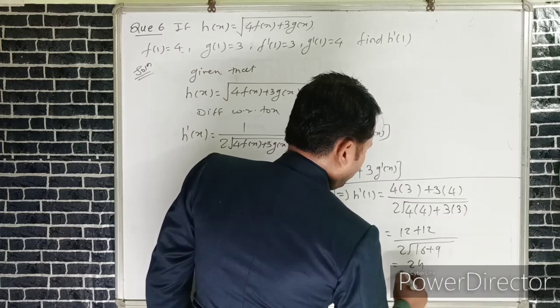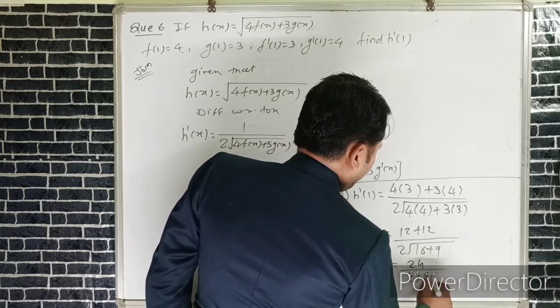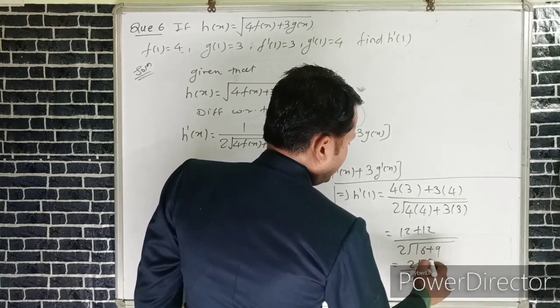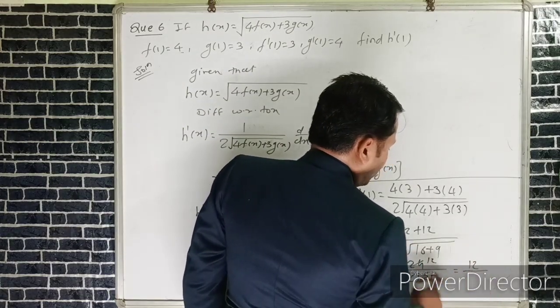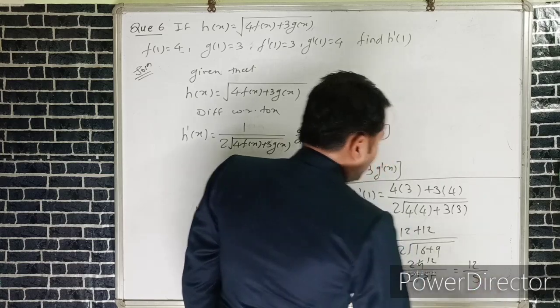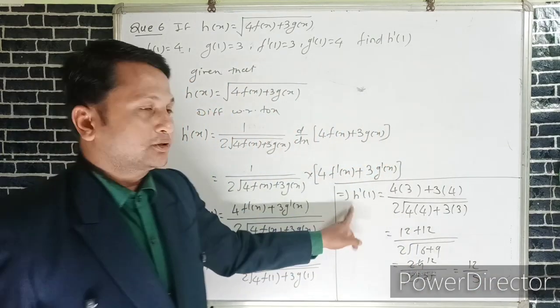That is 24 upon 2 times the square root of 25, so 12 upon the square root of 25, which means 5, which is the required value of h'(1).